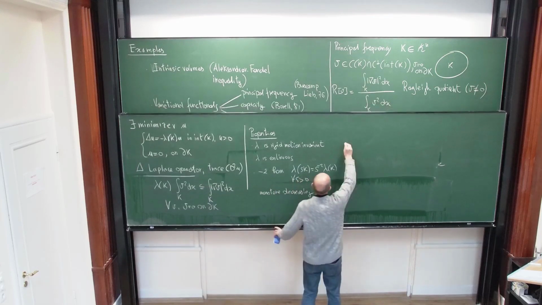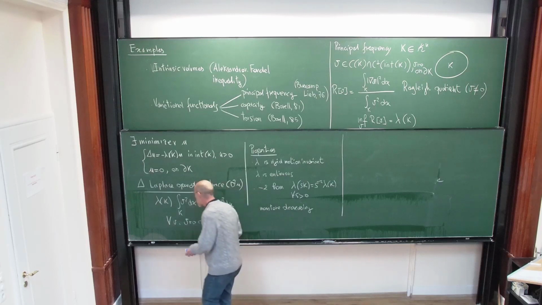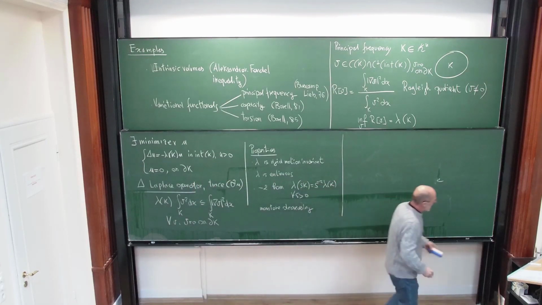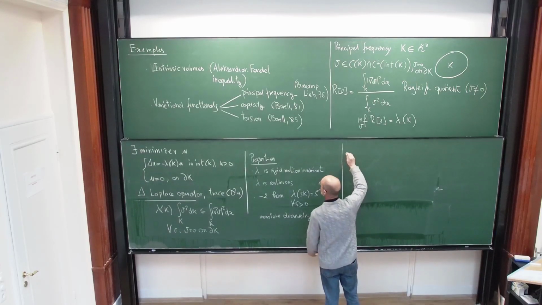Now, these are basic properties, but there is one more property which is very interesting. It's called the Faber-Krahn inequality, but in fact it's an isoperimetric principle.